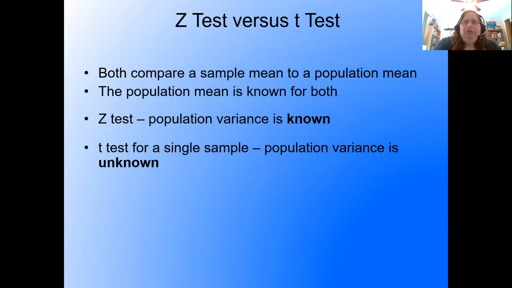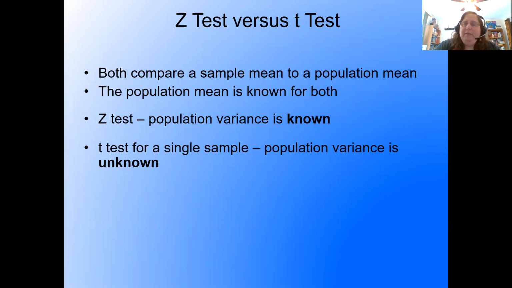Okay. So what do we mean when we say the population variance is known versus the population variance is unknown? Well, we mean that you know some form of sigma. Remember the O with the little hat on the end of it? We know some form of that.